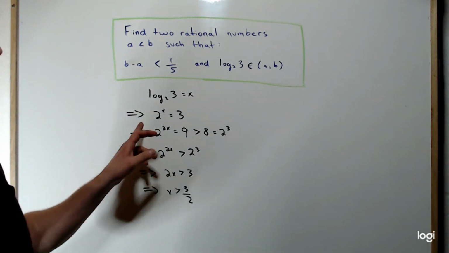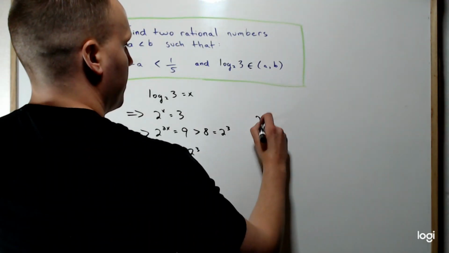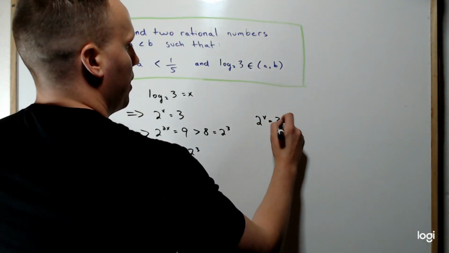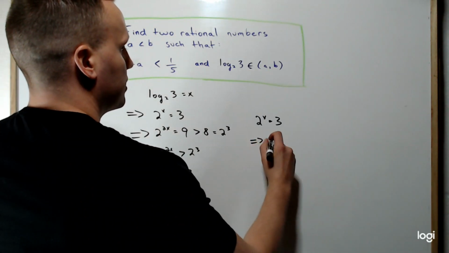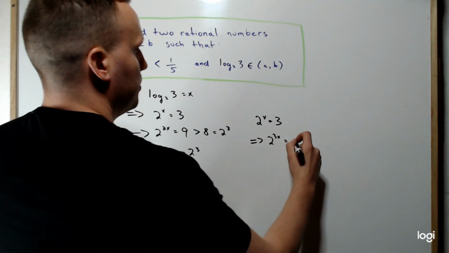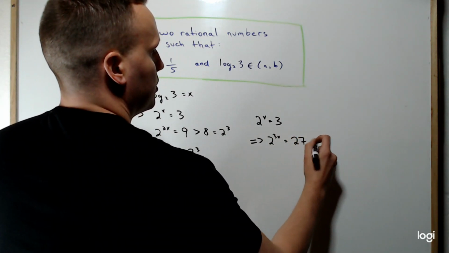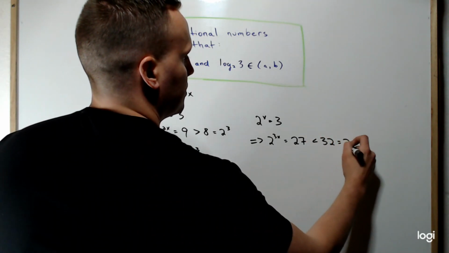Now we can go back to the original expression, 2 to the x equals 3. Instead of squaring this time, we'll cube both sides. That gives us 2 to the 3x is equal to 3 cubed, which is 27. 27 is strictly less than 32, which is equal to 2 to the 5.